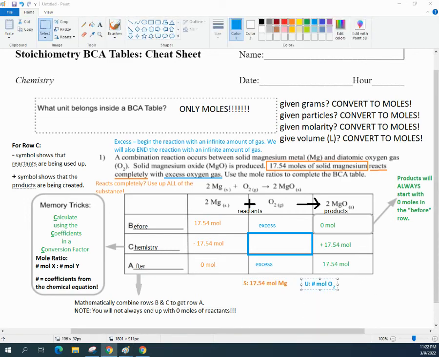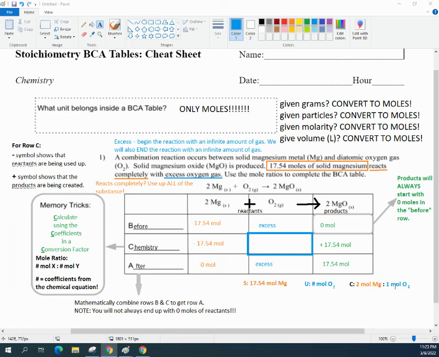Then our unknown is the number of moles of oxygen, right? Because that's what we're trying to figure out here in the chemistry row. And our conversion factor is going to be the mole ratio using the numbers from the coefficients of the chemical equation. So I'll go ahead and type that in.